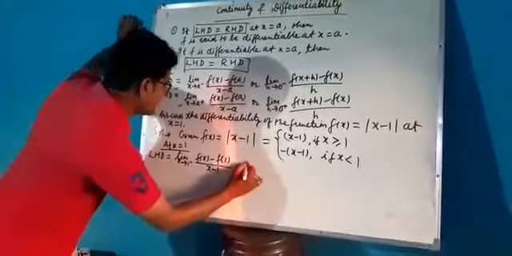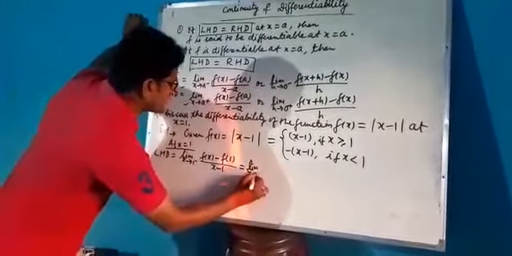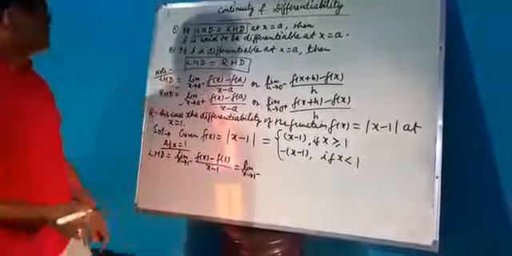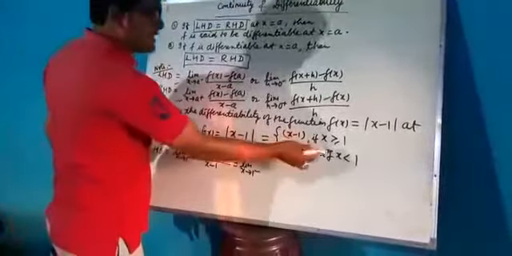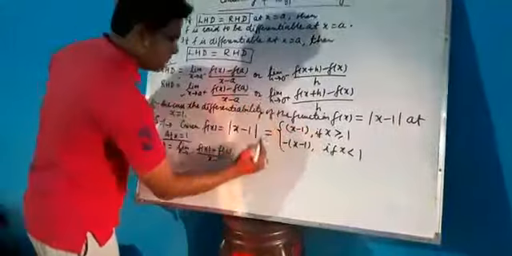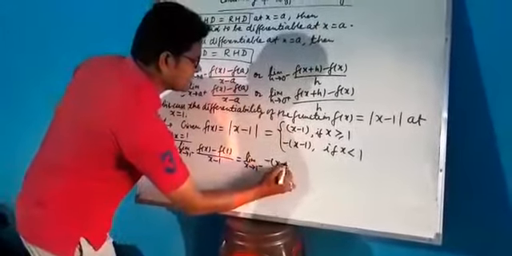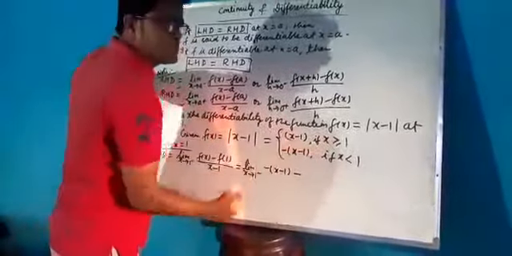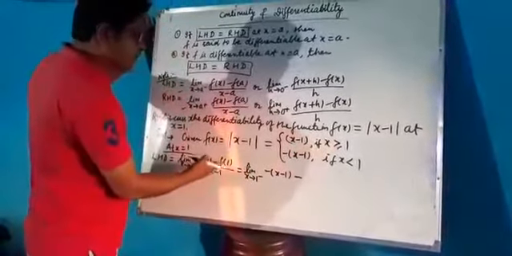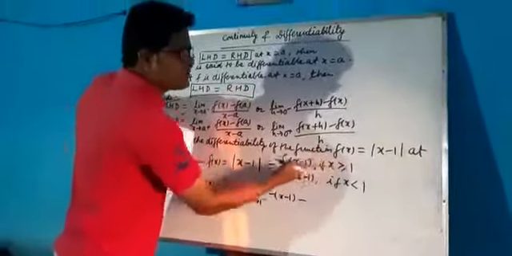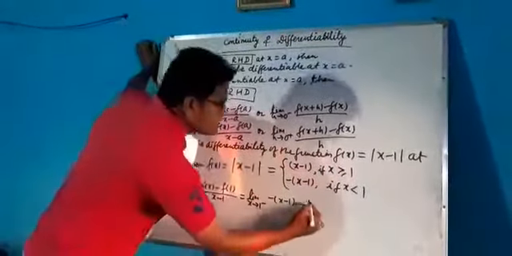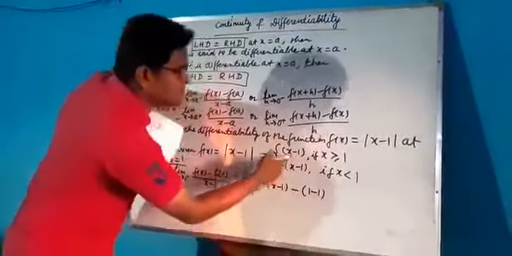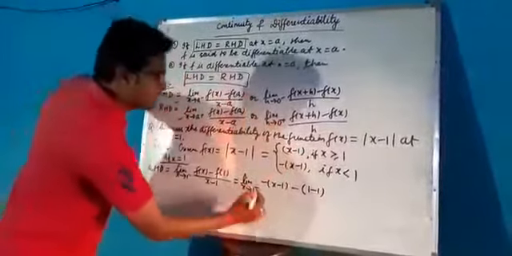Let us proceed further. Limit x tends to 1 minus. Now to the left of 1 we have the value of f of x as minus of x minus 1. So it is minus of x minus 1 minus f of 1. f of 1 is, at x equal to 1, the value is 1 minus 1, so we have to write 1 minus 1, because in place of x I have to place the value also.